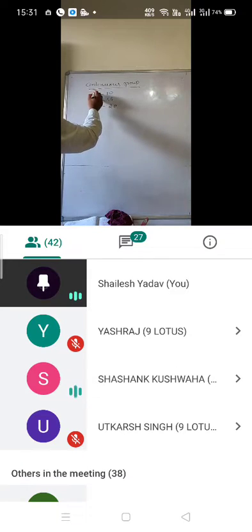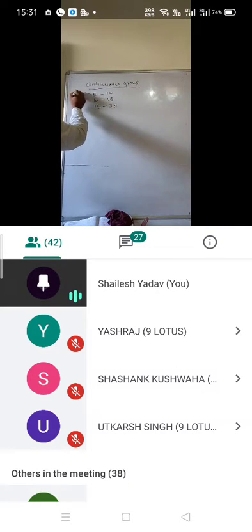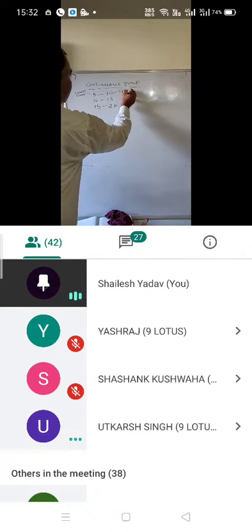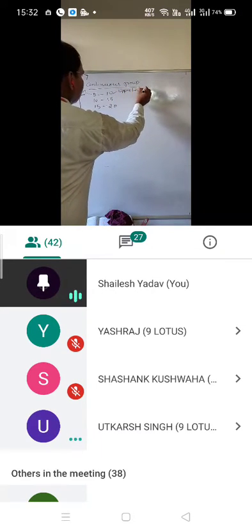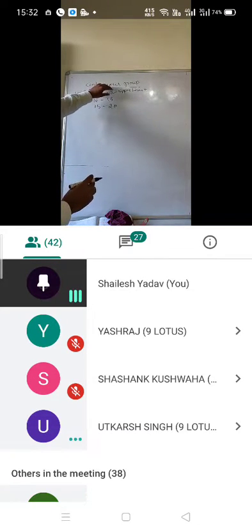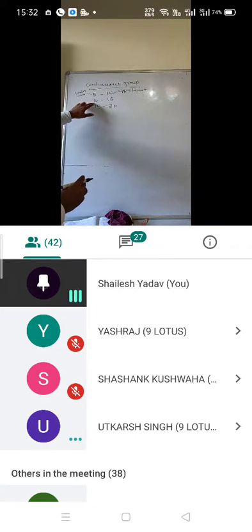In each class, the first value is called the lower limit, and the value given after it is called the upper limit. So, students, if you represent the data in such a form that the upper limit of the previous class becomes the lower limit of the next class, that is called continuous data.